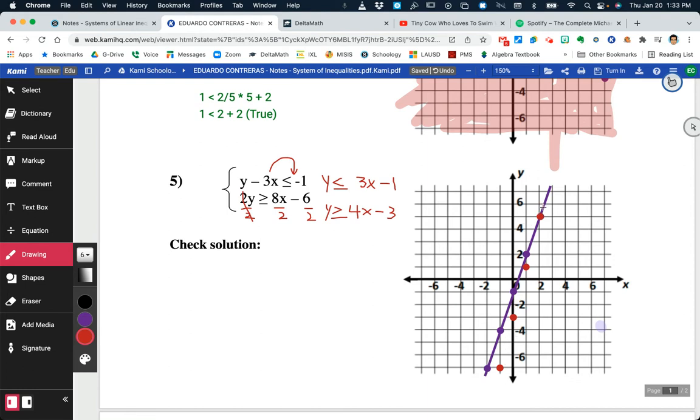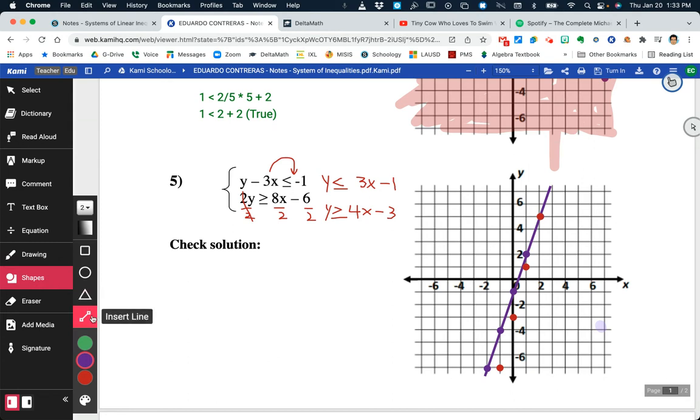And this one is telling me, are you guys okay over there? Okay, this line has to be what? Solid? Ooh, this is going to be an interesting one.